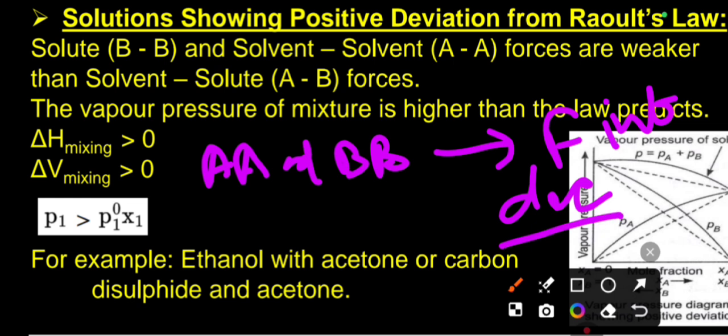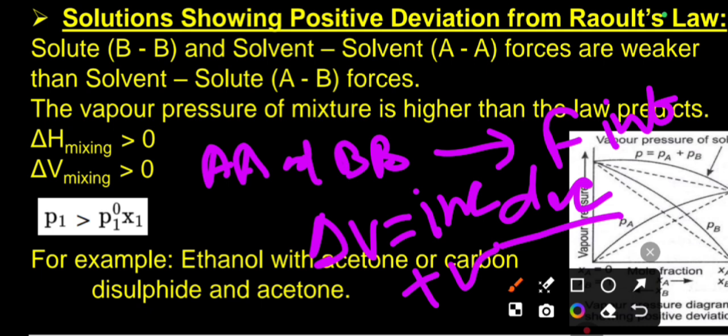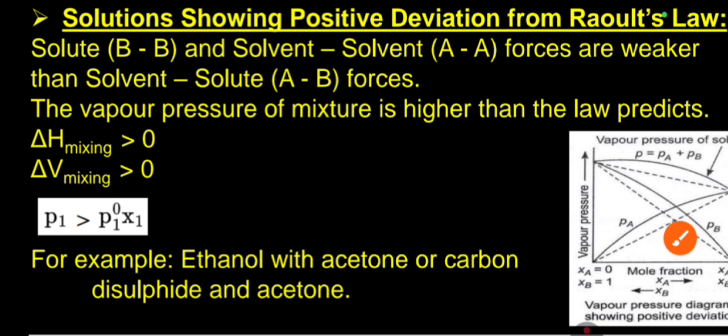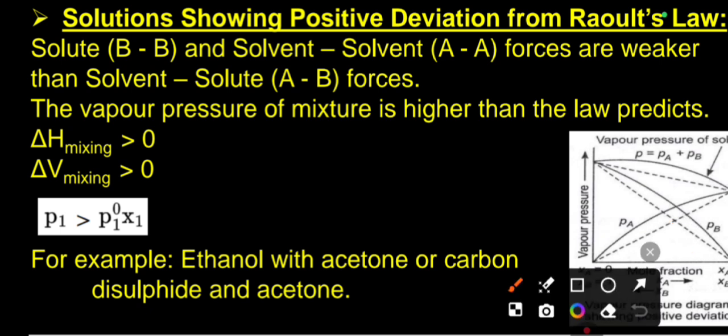If it evaporates easily, then volume will increase, so del V will be positive. So on the basis of that, we have divided non-ideal solutions into two types. One is positive deviation, the other is negative deviation. First we take positive deviation.